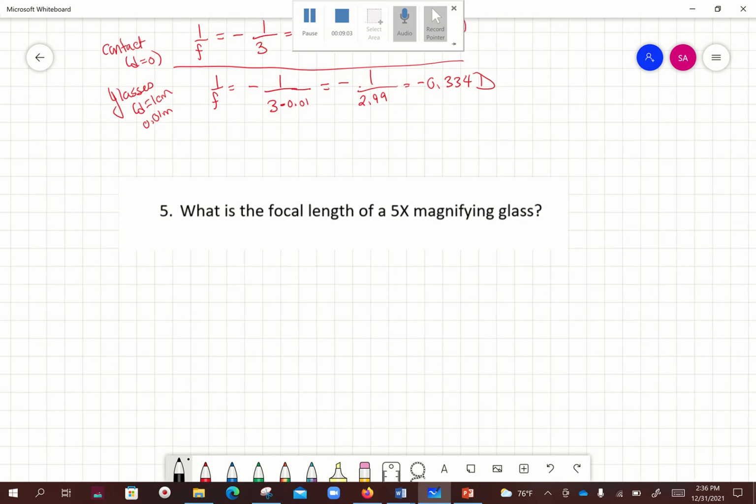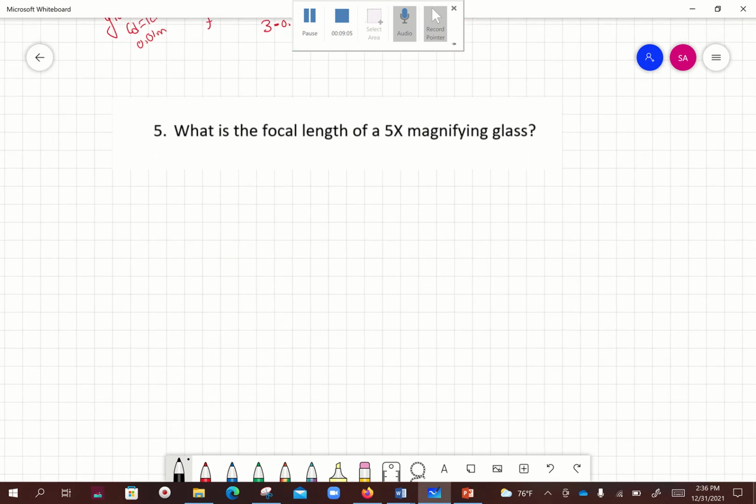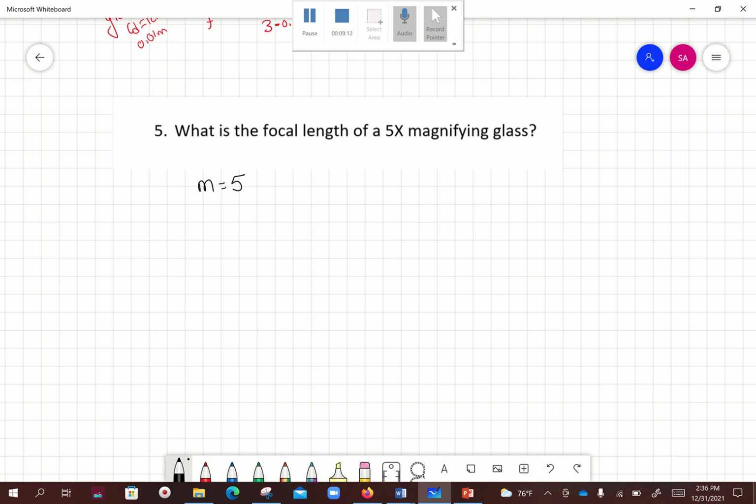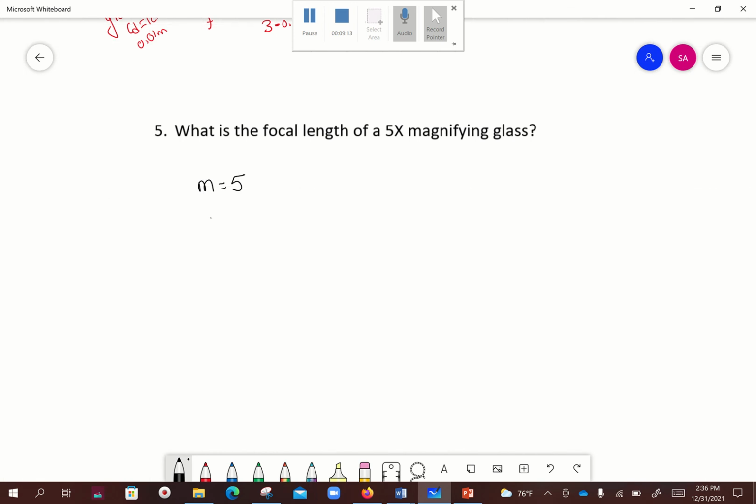Okay, and finally, let's do a problem to find the focal length of a 5 times magnifying glass. So the magnification is 5, and the equation for the magnification of a magnifying glass is the normal near point distance divided by f. So n is equal to 25 centimeters.